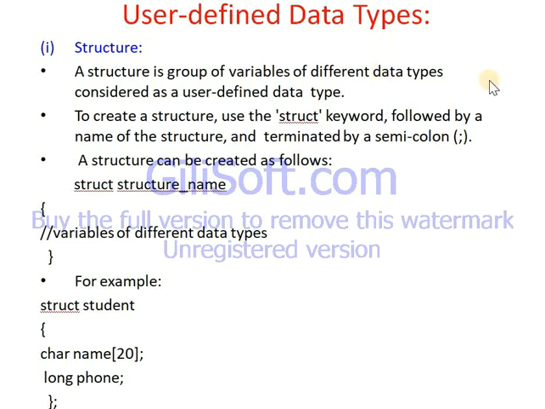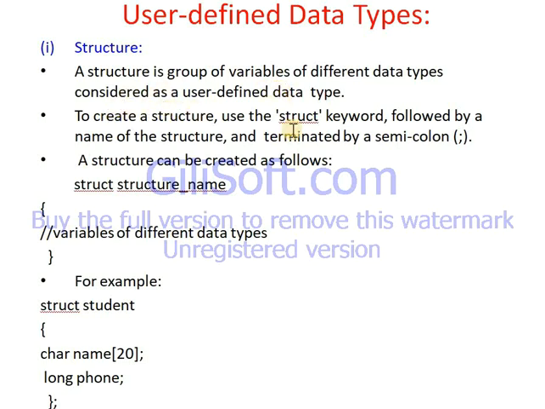Structure and array are different. The basic difference is that an array contains a group of elements having similar data types, but a structure is a group of variables having different data types.